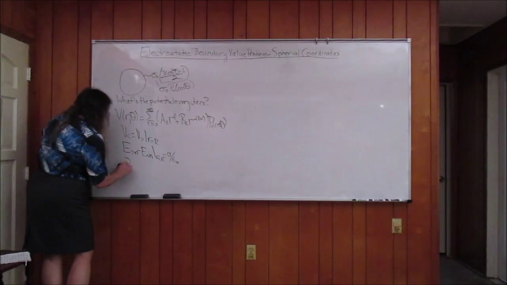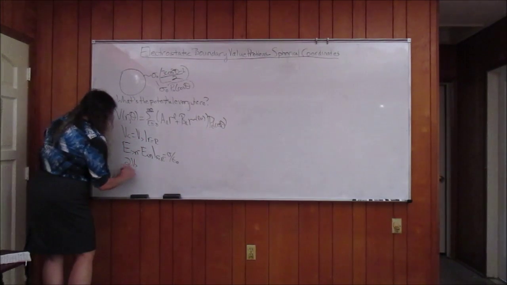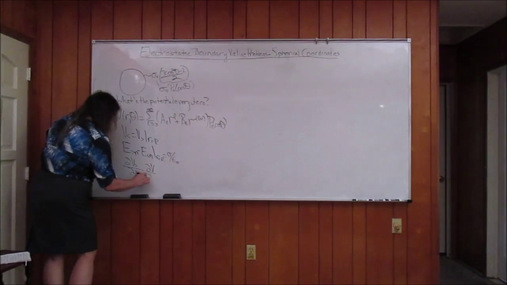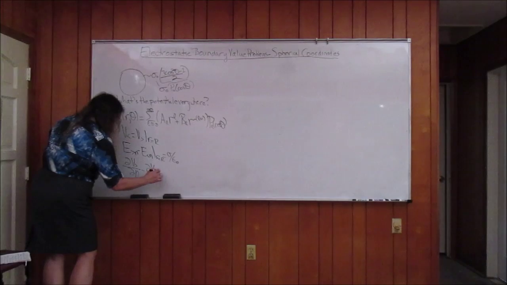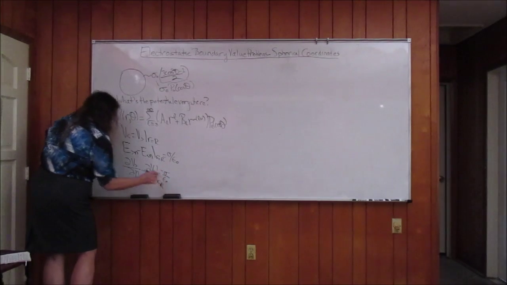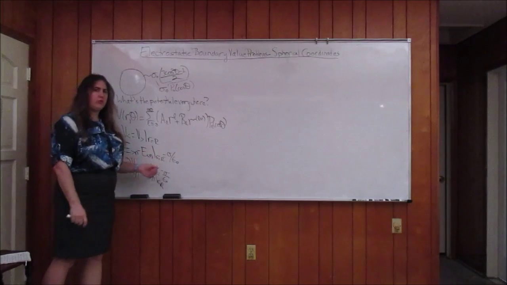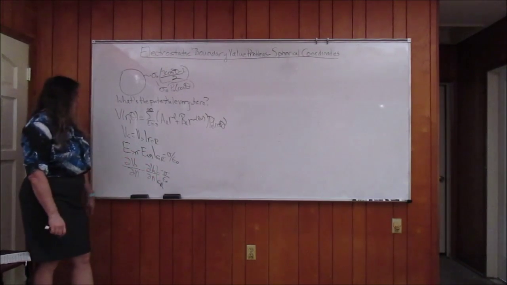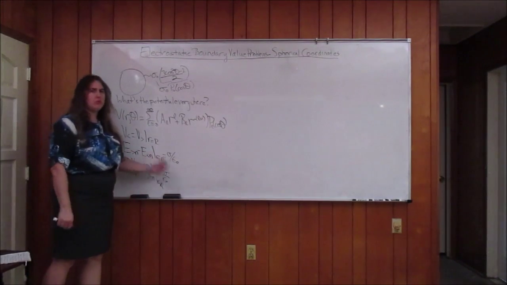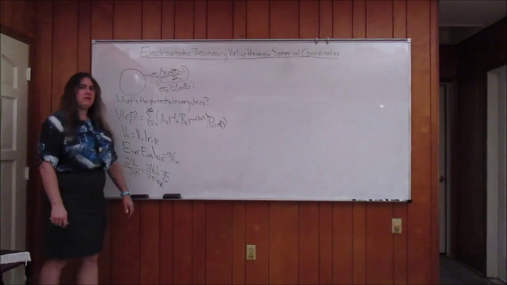And I can write this in terms of the potential. It's equal to the partial derivative of the exterior solution with respect to the normal minus partial derivative of the interior solution with respect to the normal is equal to minus sigma over epsilon naught.